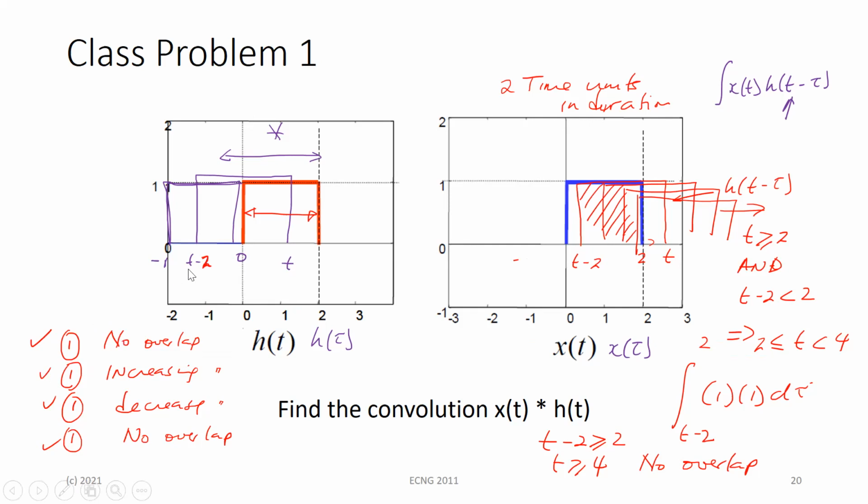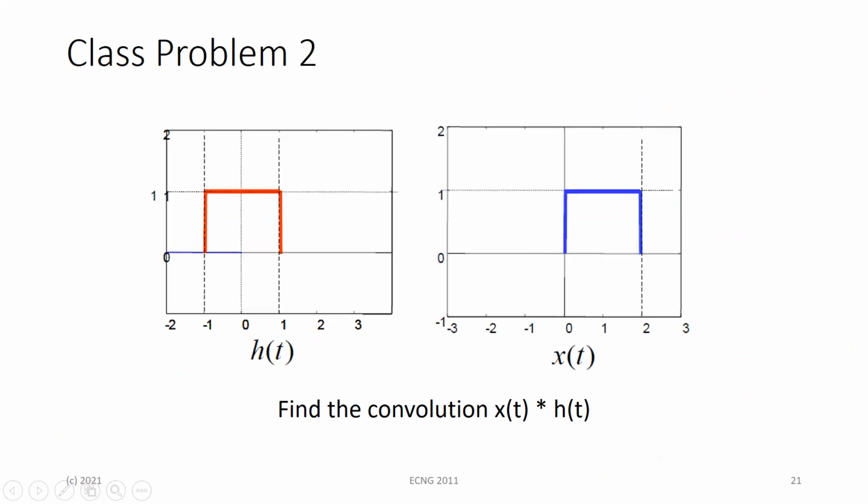And of course, there are a couple of variations with this. First off was if the pulse looked like this one. This was a class problem that he had. So the same pulse sizes, the same pulse description, both of them are 2 units long. But this one now is symmetrical about the 0 point. So if you flip it, h minus tau is going to look the same, right?